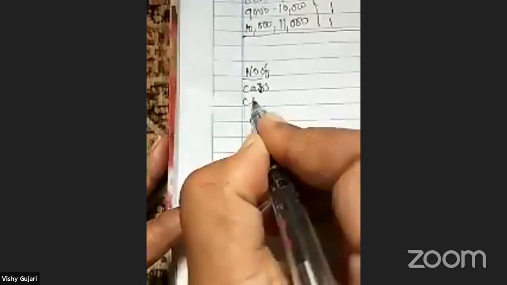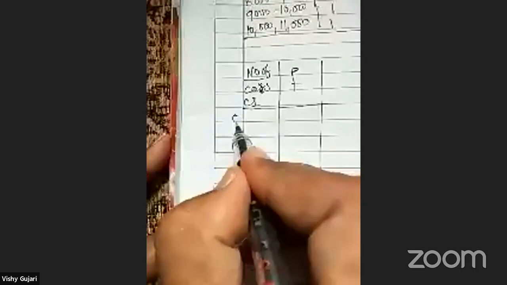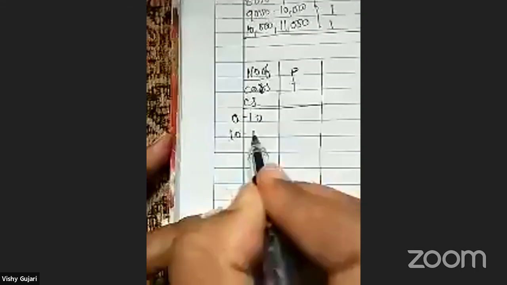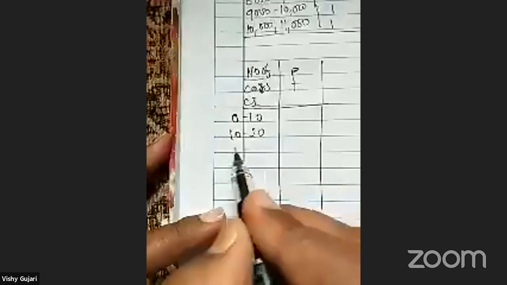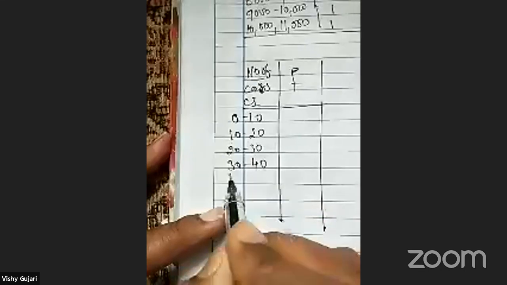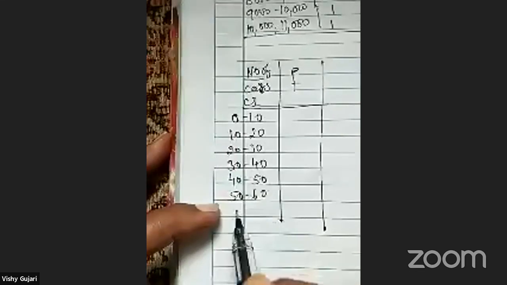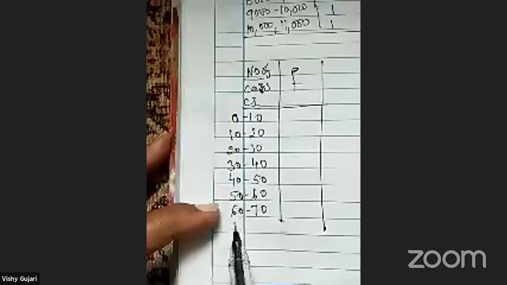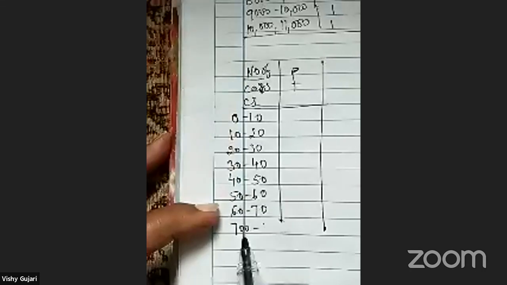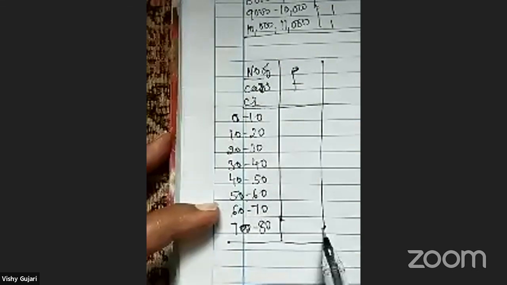Number of cars is taken as CI, frequency F. 0 to 10, 10 to 20, 20 to 30, 30 to 40, 40 to 50, 50 to 60, 60 to 70, 70 to 80.